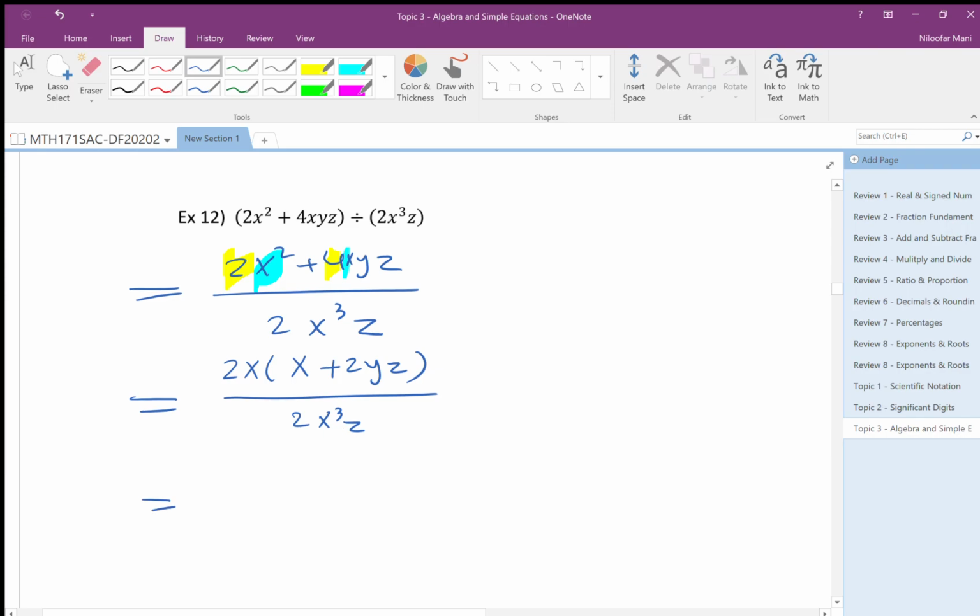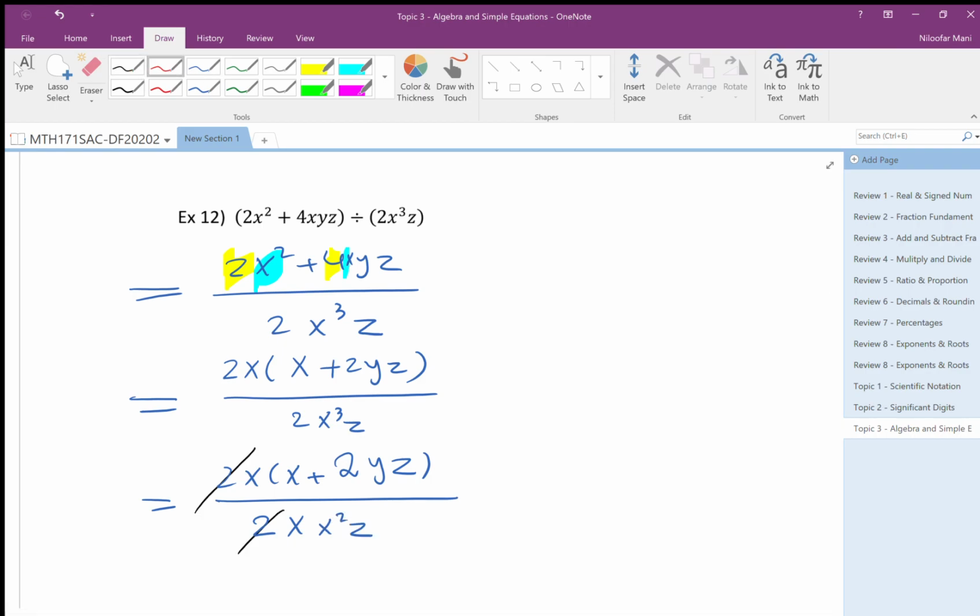Yes. I can show you all the steps: divided by 2x times x squared z. Can I cancel? Yes, yes, yes, and yes. And what is left is (x plus 2yz) over x squared z.